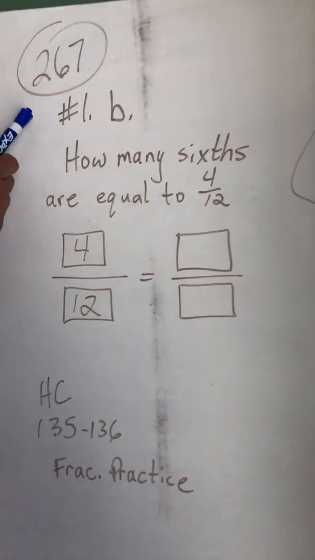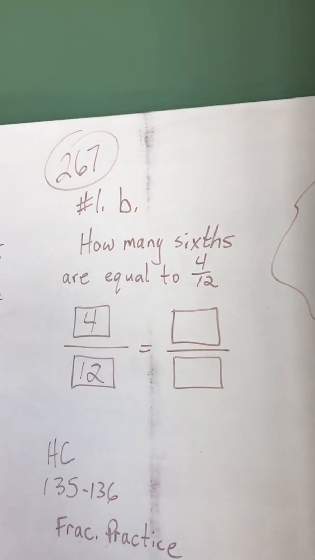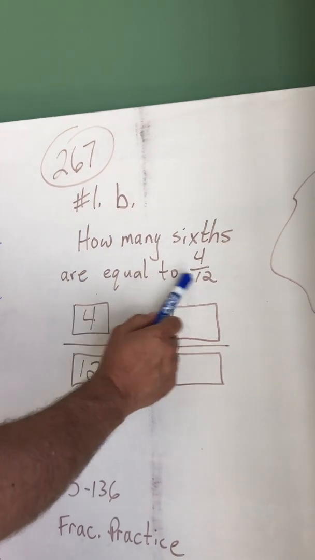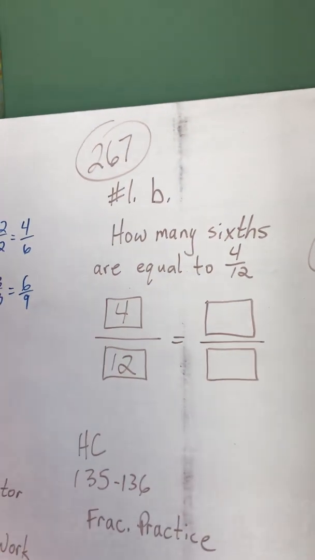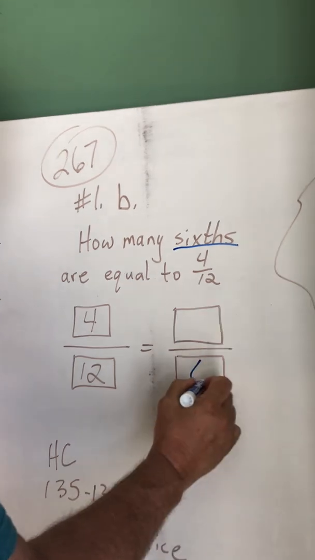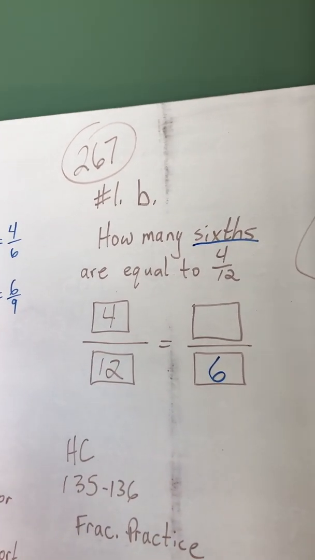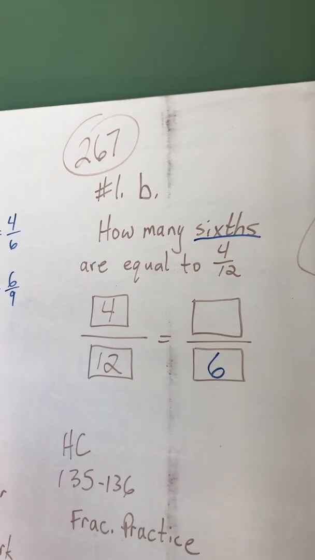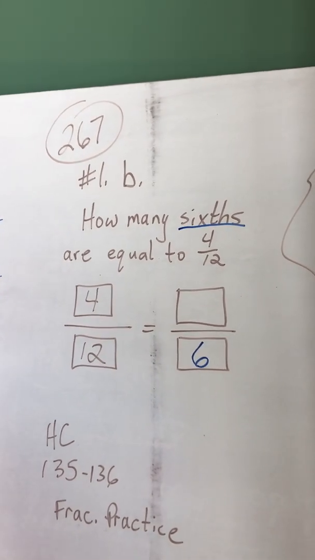What I did want to show you is on 267, number 1B. How many 6ths are equal to 4/12? So you've taken 4/12, and the 6 is the denominator. Now, if I told you whatever you do to the bottom, you have to do the same to the top, does that ring a bell? How does 12 go to 6? I know you're thinking, well, it cuts it in half.